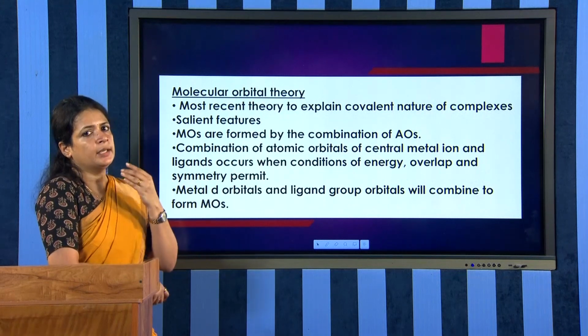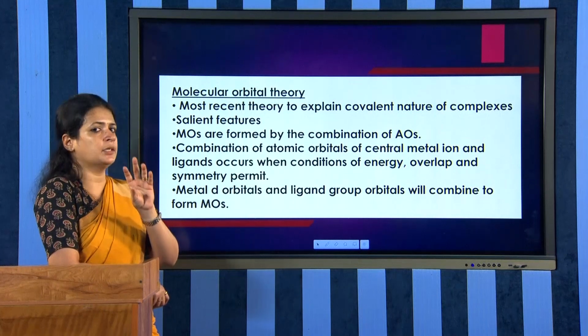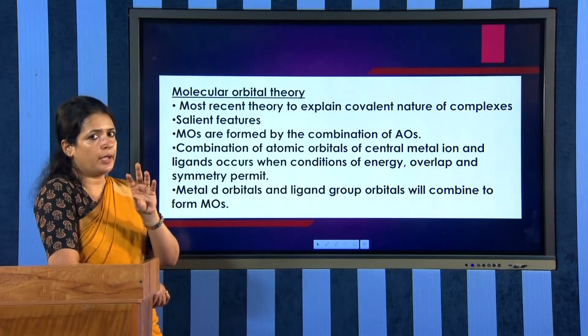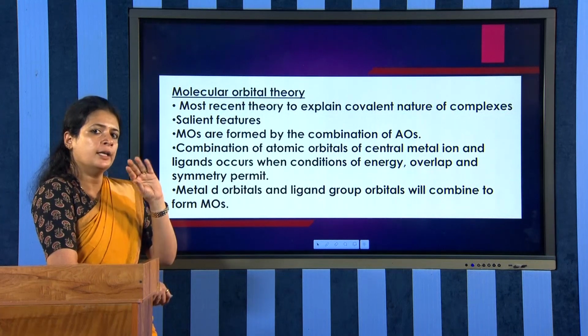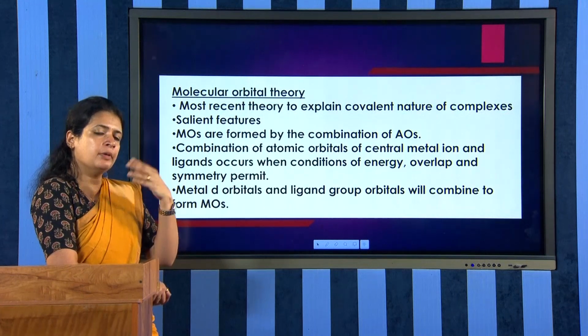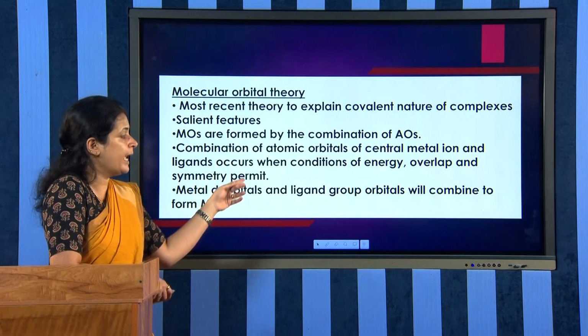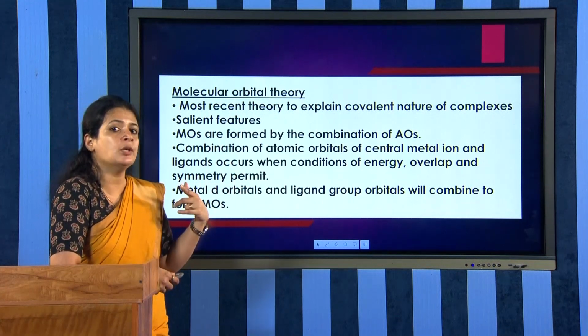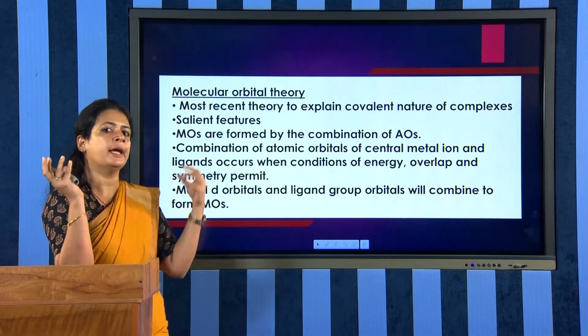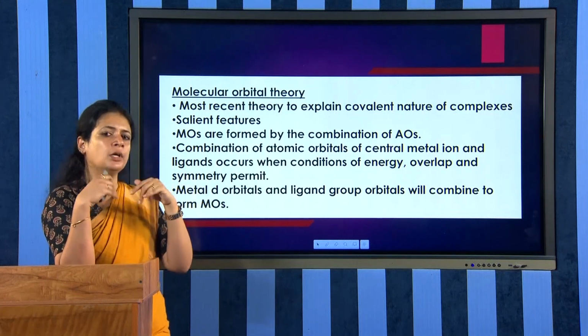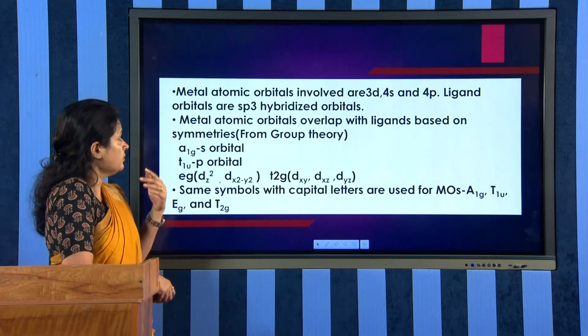We know that in the case of coordination compounds there is a central metal ion, which has atomic orbitals. In the case of ligands, they will be collectively called ligand group orbitals, LGOs. These LGOs will be combining with the metal orbitals to form the molecular orbitals.